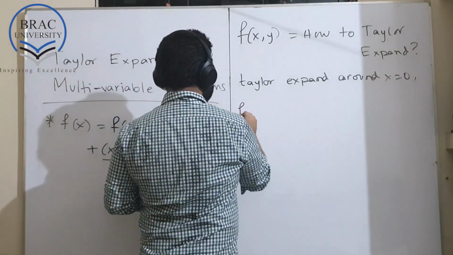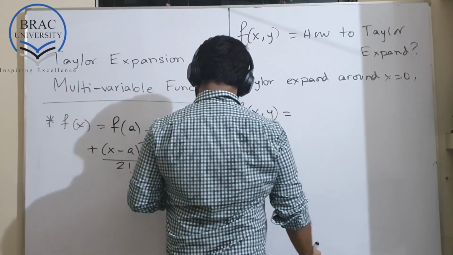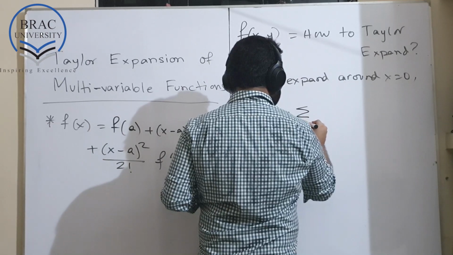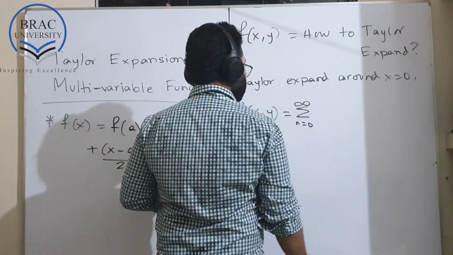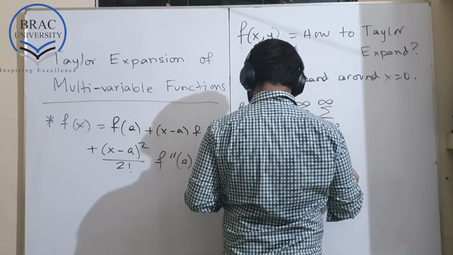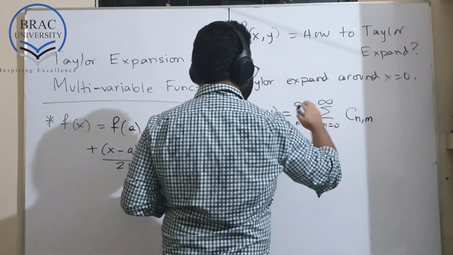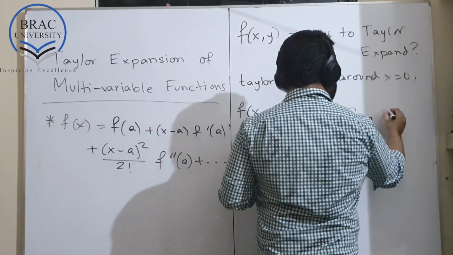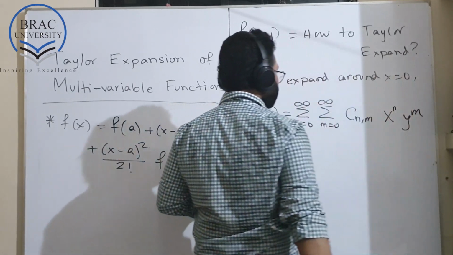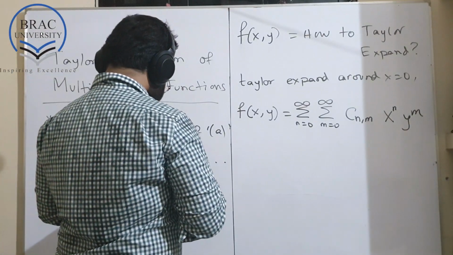So what will this be? Let's consider a two variable function, f of x and y, and the sum goes from n, m equals 0 to infinity of c_nm, these are the coefficients, times x^n y^m, because Taylor expansion is basically expanding in powers of the variables.